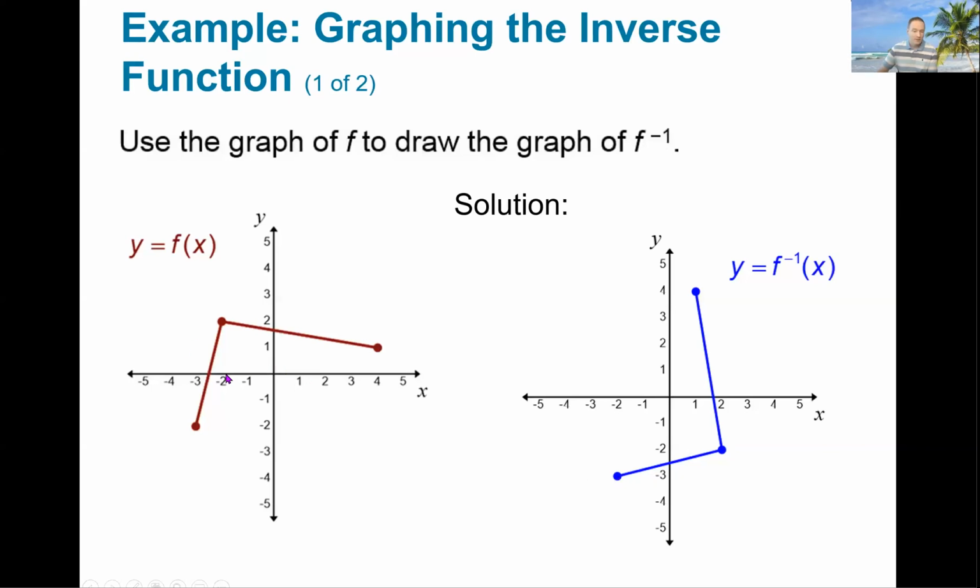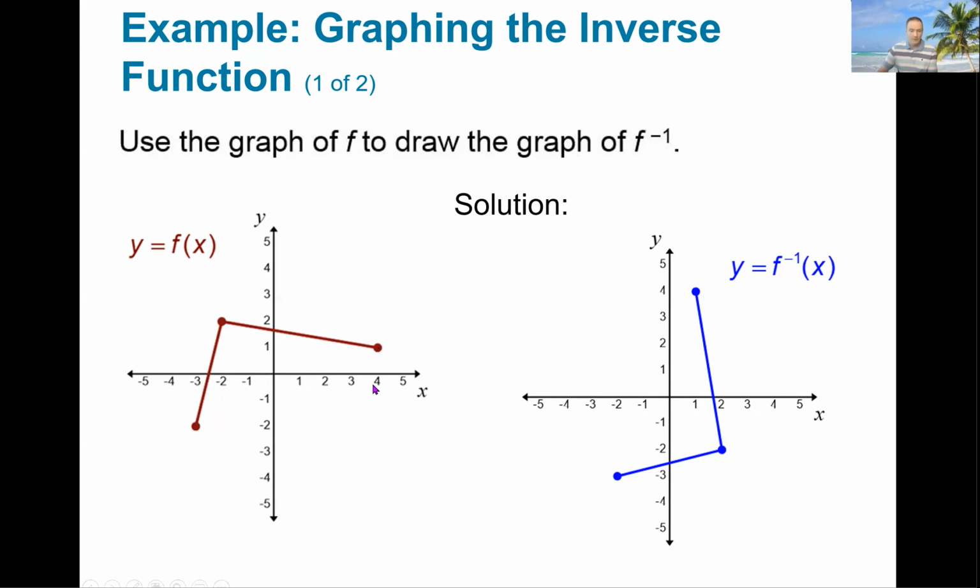Now, the original function had the ordered pair -2, 2. Well, then its inverse better have the ordered pair 2, -2. I go to x equals 2, y equals -2, plot out that point. So the inverse of this line segment here is the line segment down here. Now, what about this one right here? I've already got that point plotted. What about this point?